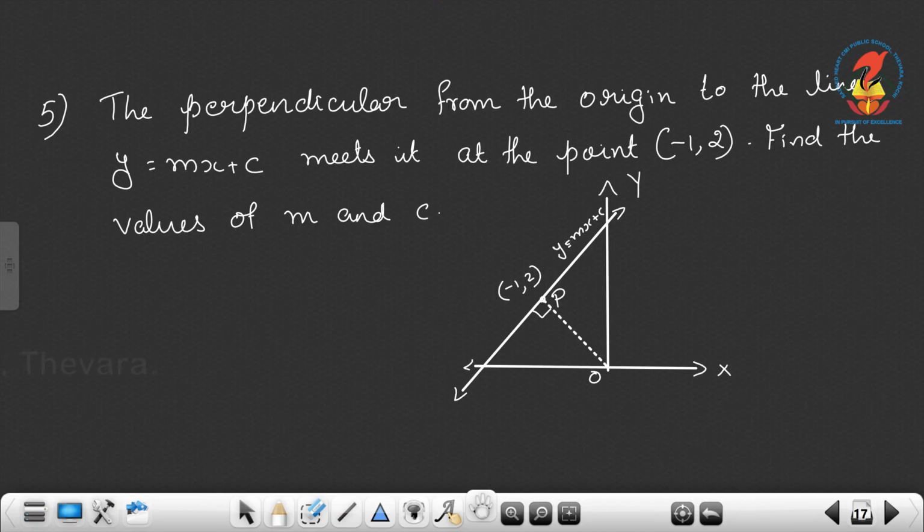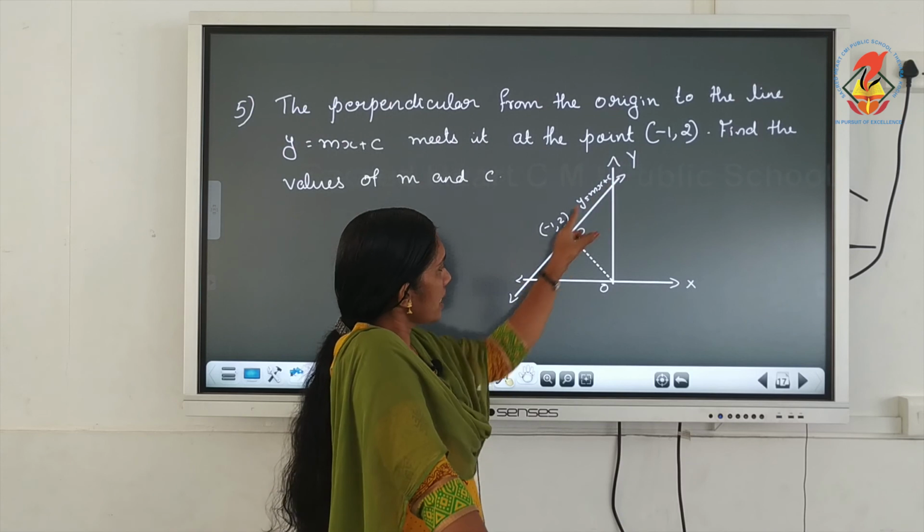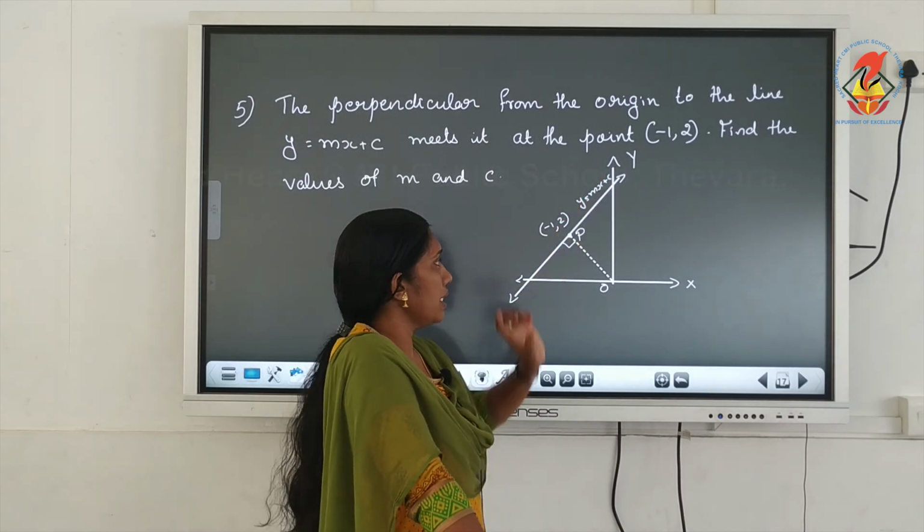And one more question. The perpendicular from the origin to the line y is equal to mx plus c meets it at the point minus 1, 2. Find the values of m and c. So from the origin, one perpendicular meets the line, which is in the form y is equal to mx plus c, at minus 1, 2.